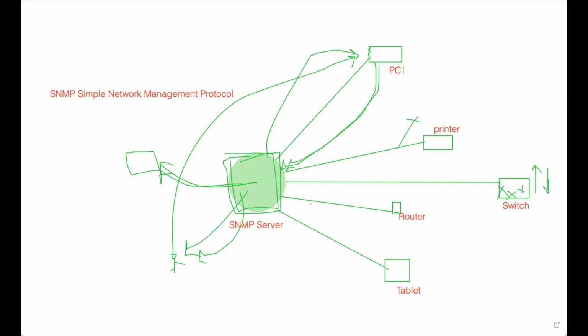And for example, SNMP uses something called agent on the device that will be being managed, and the SNMP manager is typically a software application running on the computer. So let's talk about that.